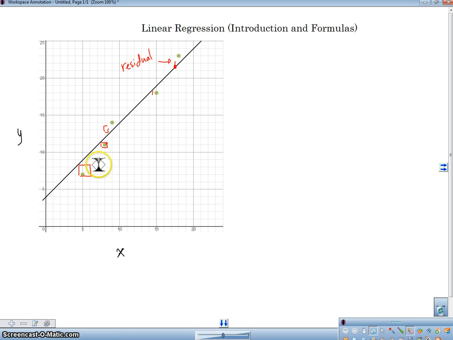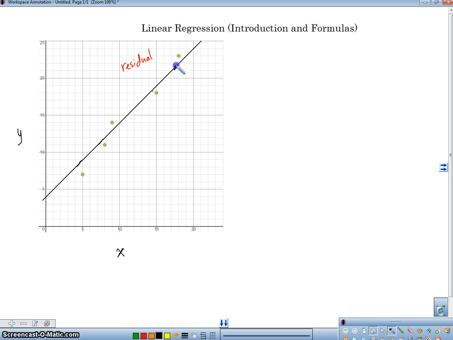So we want the minimum area of these squares as possible. The smaller they get, the closer our values are to that line, the better our predictive analysis is, and the closer we're going to get to predicting the actual.